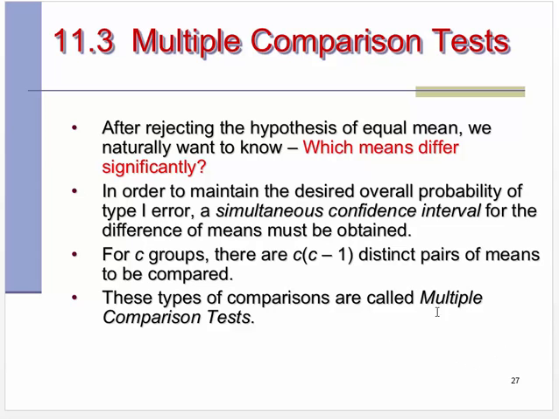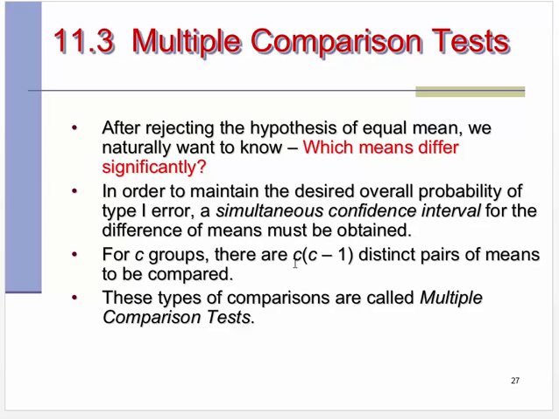Basically, what we're saying here is, after rejecting the null hypothesis of equal means, we naturally want to know which means differ significantly. We just know they're different, but which one differs? In order to maintain the desired overall probability of type 1 error, a simultaneous confidence interval for the difference of means must be obtained.